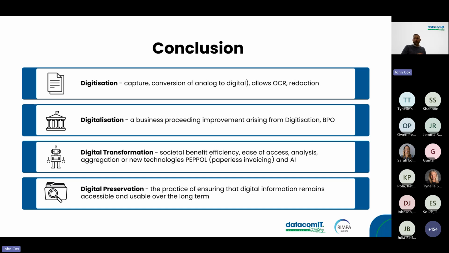So just to recap, the key differences between scanning and preservation digitization. General BAU scanning is going to produce PDFs generally or JPEGs. They're going to be a lot smaller file size, but it will come down to the business case that you're using. It's about capture and conversion from analog to digital to allow things like OCR and redaction.